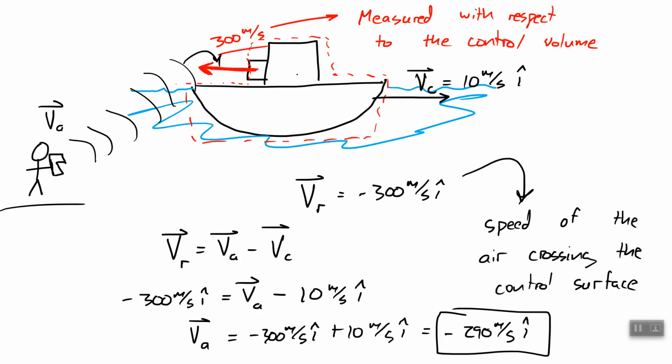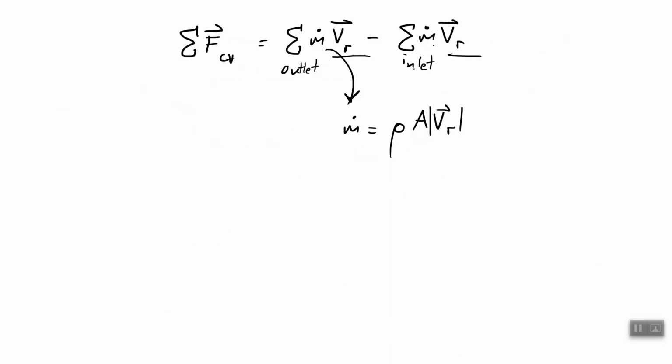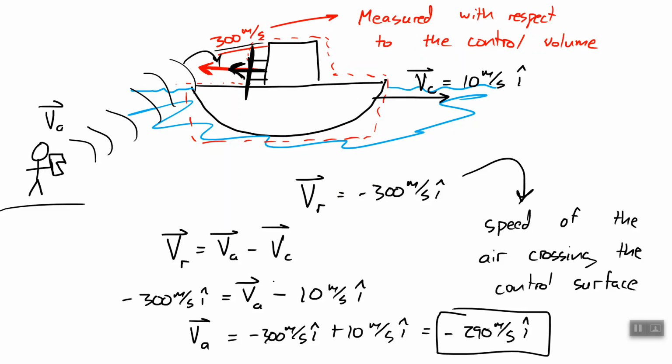And this is because what is the actual rate at which air is leaving our control volume? Well, that depends on how fast the air is crossing the actual control volume. How fast is it actually leaving the control volume? That depends on the relative velocity, right? So I think this has hammered this concept home enough that the relative velocity is the speed at which our fluid is crossing the boundary.